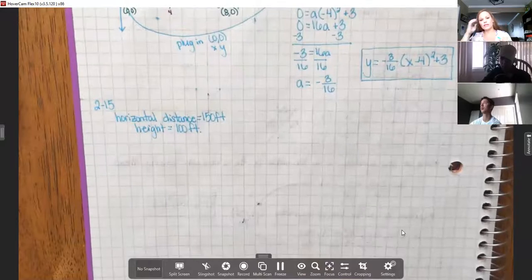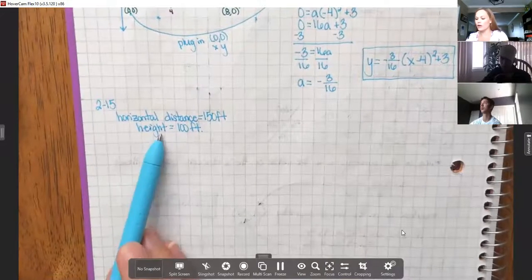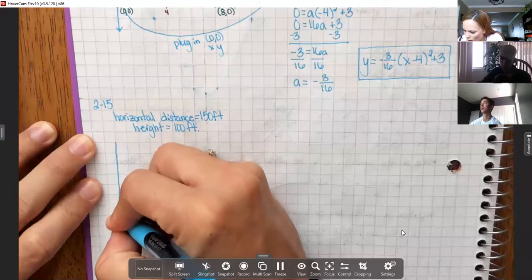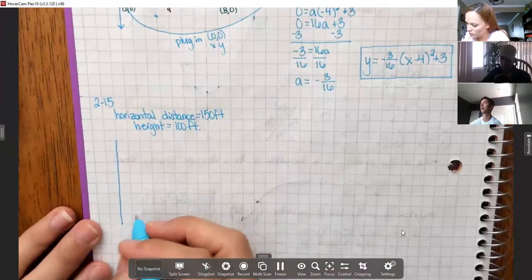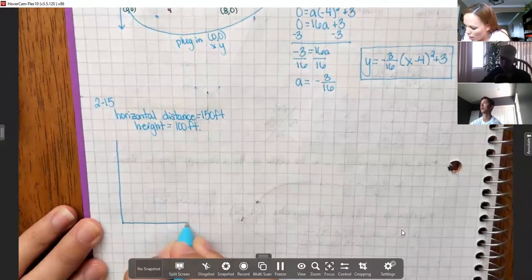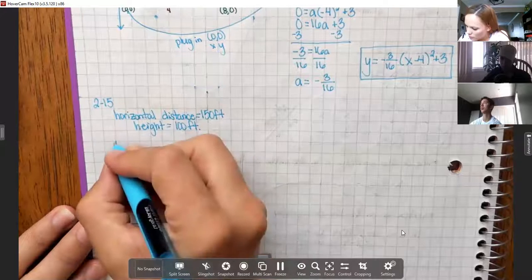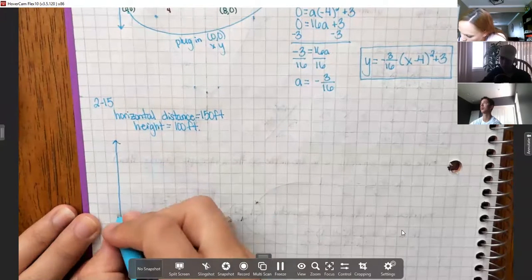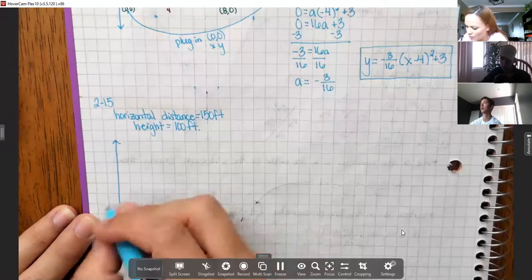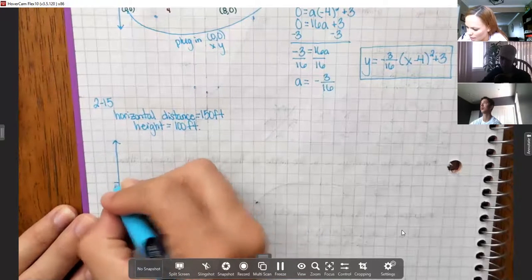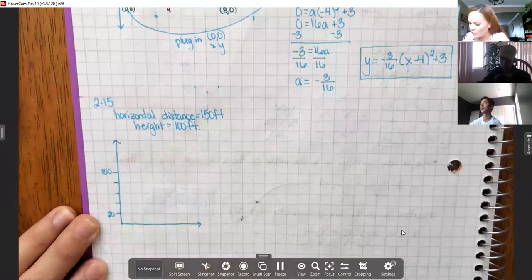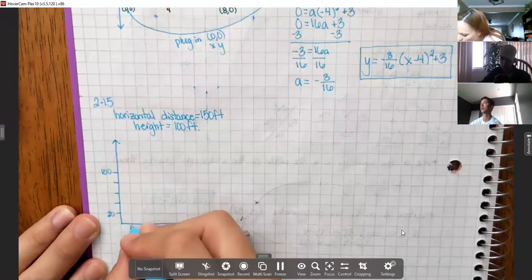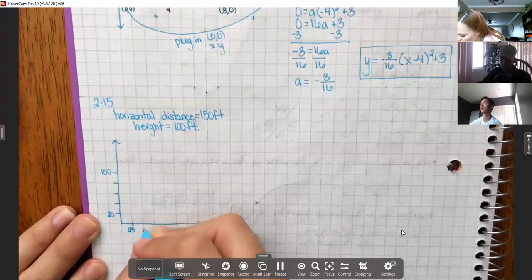So horizontal distance 150 and then the height was 100 feet. So I'm just going to count by 20s, 40, 60, 80, 100. So 100 feet was the maximum. I'm going to count by 25s on the x-axis.